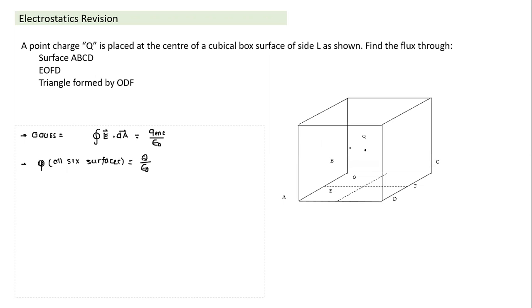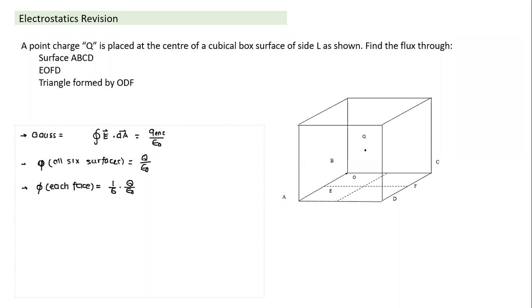But since this charge is placed right at the center, because of symmetry, each surface will have the same flux passing through. So the flux through each face will be 1/6 of the total, so it becomes 1/6 Q by epsilon naught.